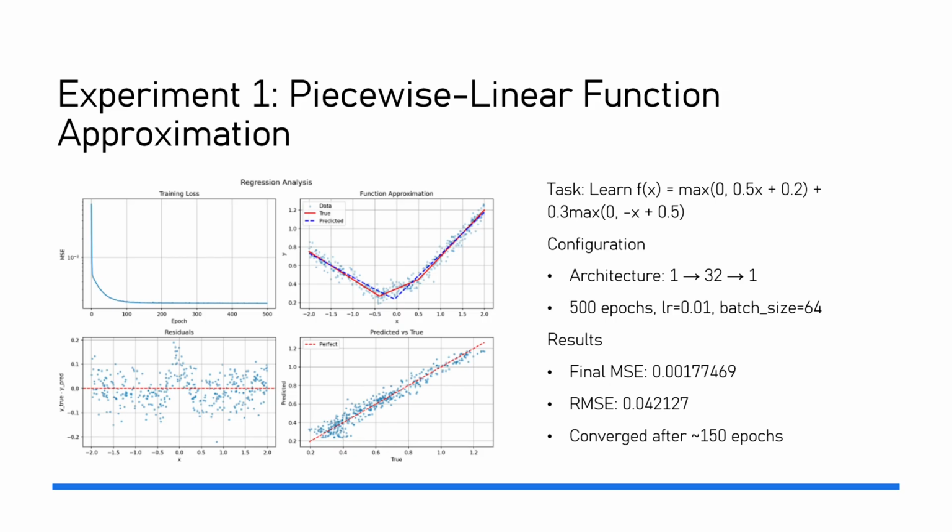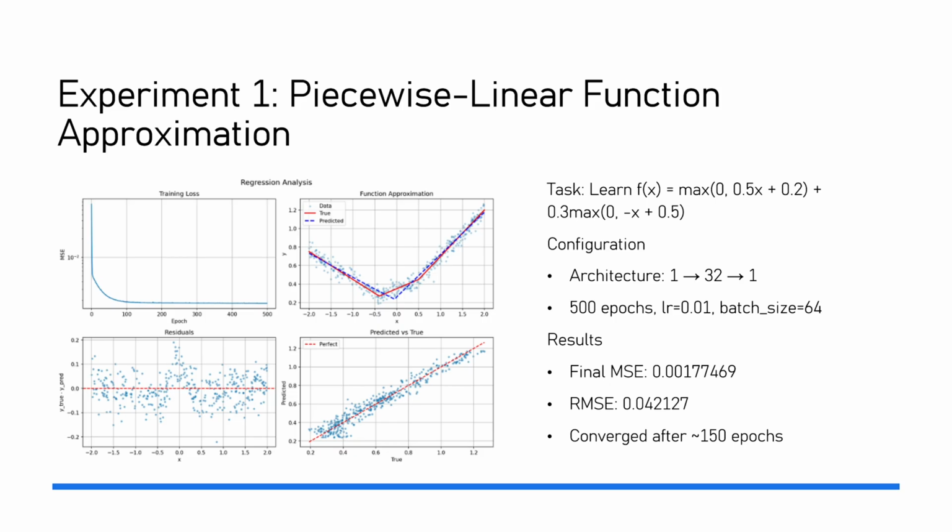The function approximation plot demonstrates excellent agreement between predicted and true values. The blue dashed line closely follows the red solid line. The residuals plot shows random scatter around zero with no systematic bias, indicating proper model fitting.